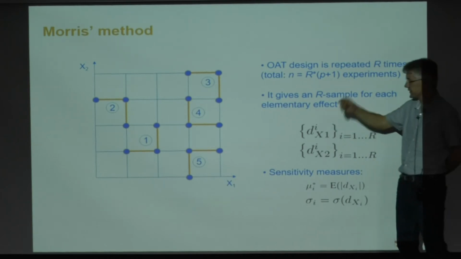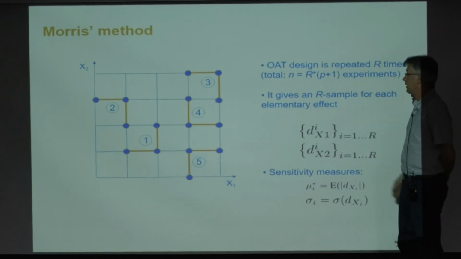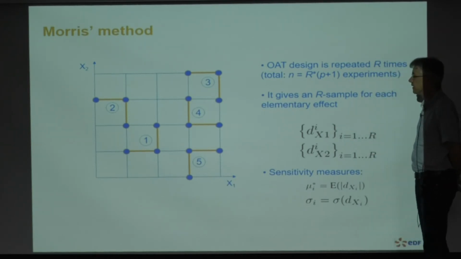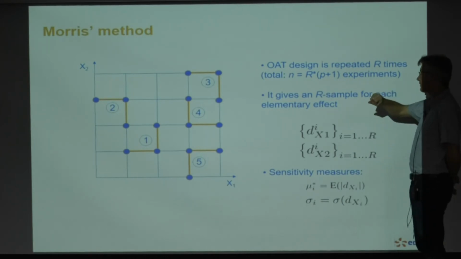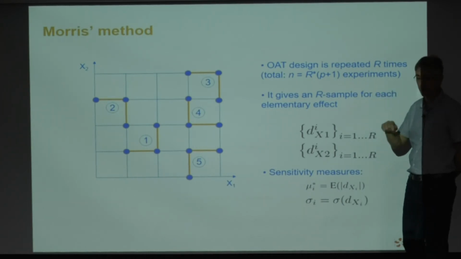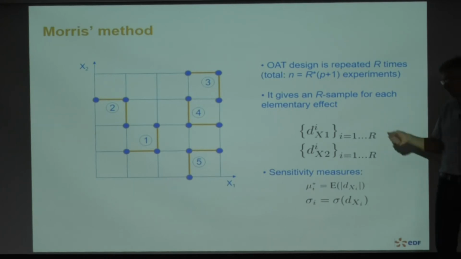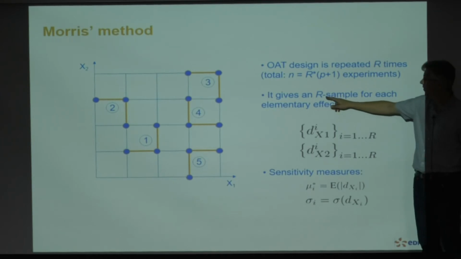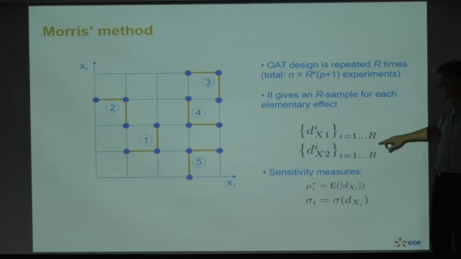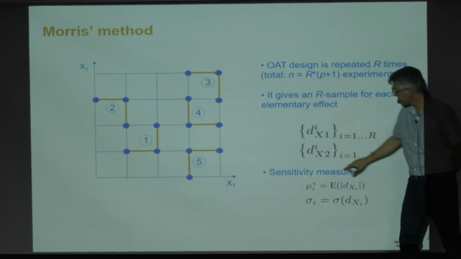So here 5, we take r equals 5. Each time I choose randomly an initial point, and I choose randomly some directions to vary, and some sense. So at the end of this game, I have a sample of size r for each elementary effect, that I can write like this.